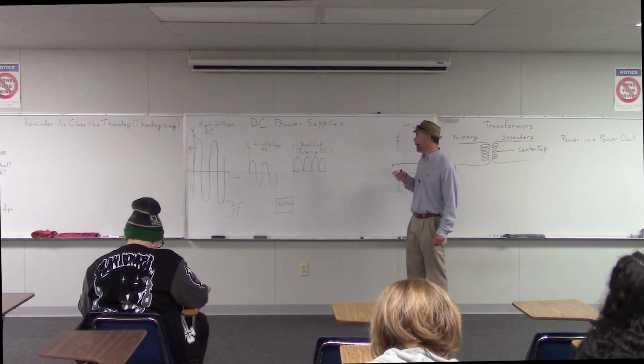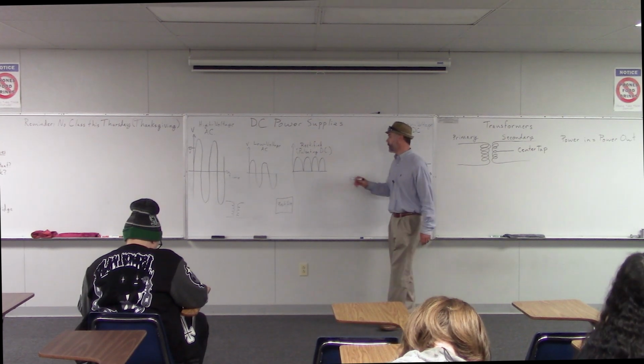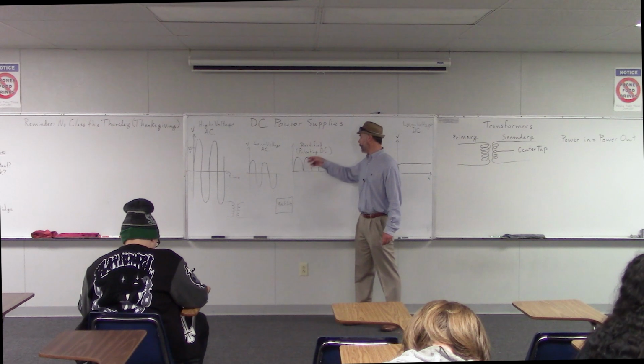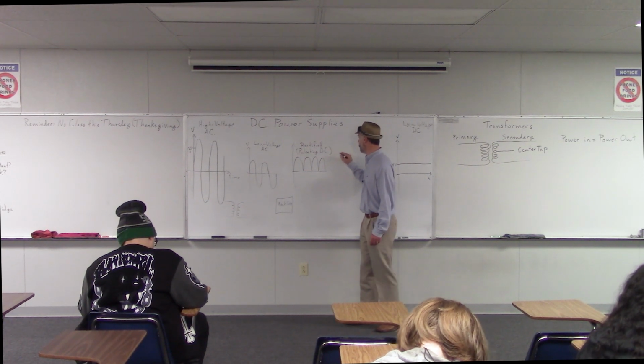Once we have this, we want to smooth this out a little bit. So it's all positive, but it's got these big dips in it right now. So we want to smooth that out.